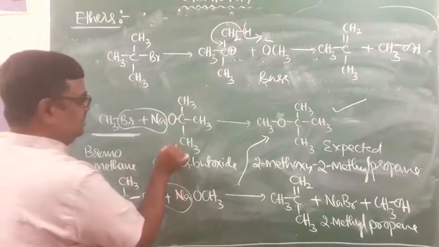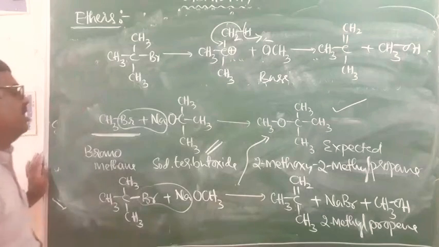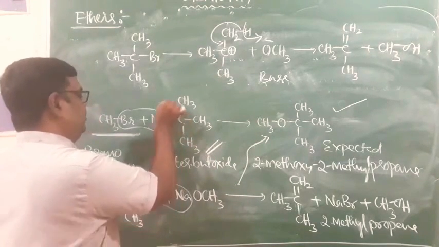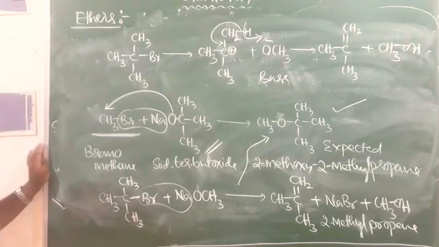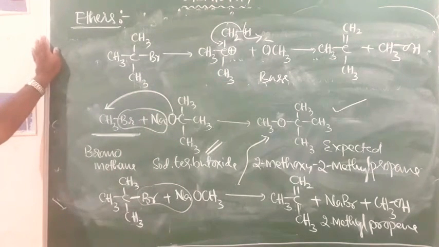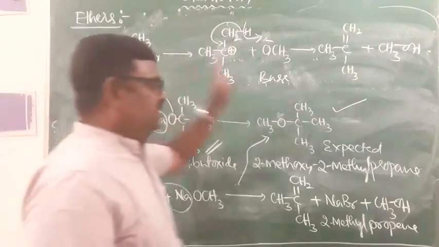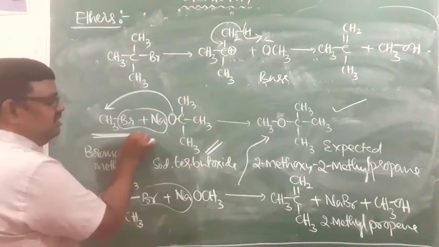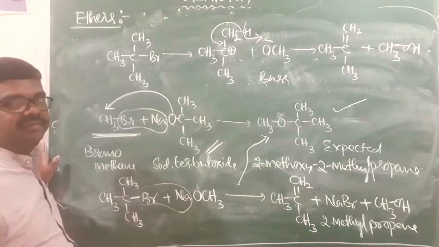Here in this case, this alkoxide group, tertiary butyl alkoxide group, will be acting like a nucleophile. And therefore, if you want to prepare ethers with branched alkyl groups, you prefer primary haloalkanes.